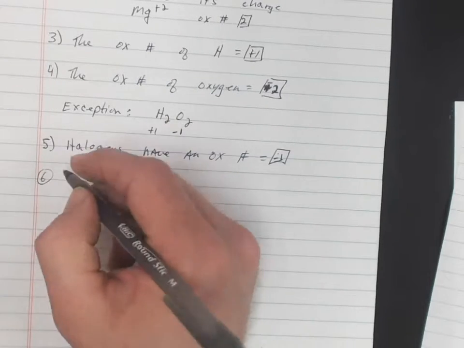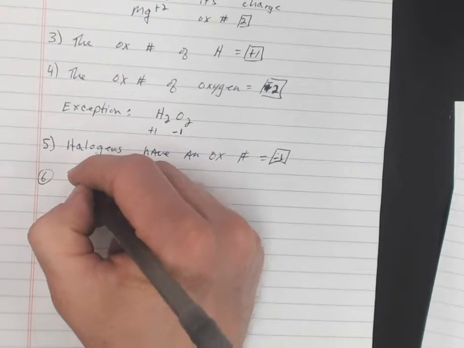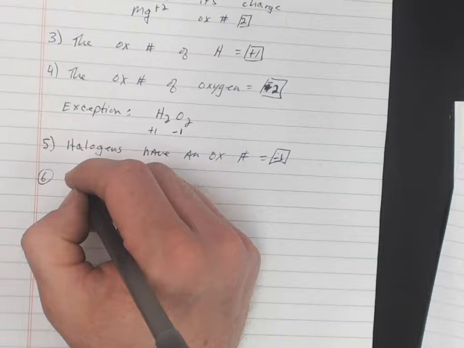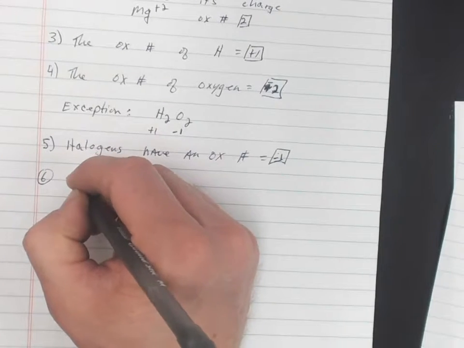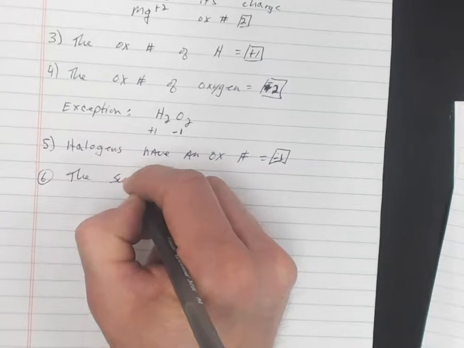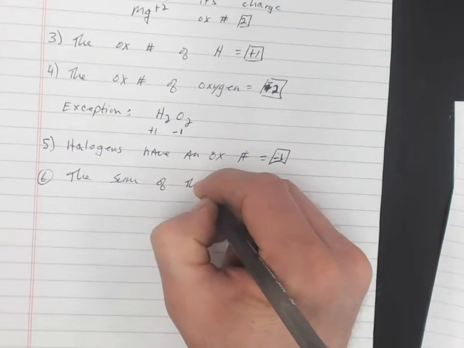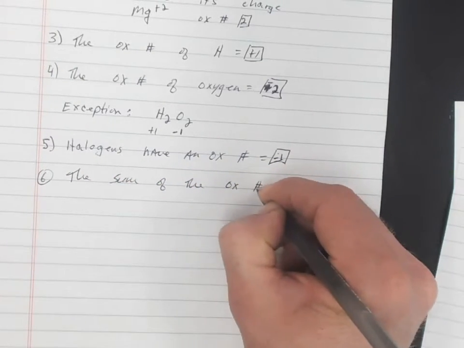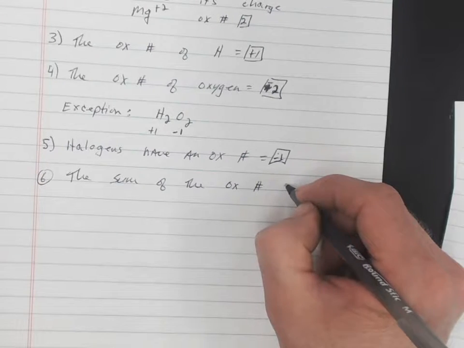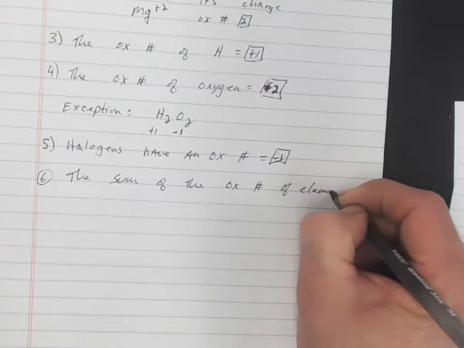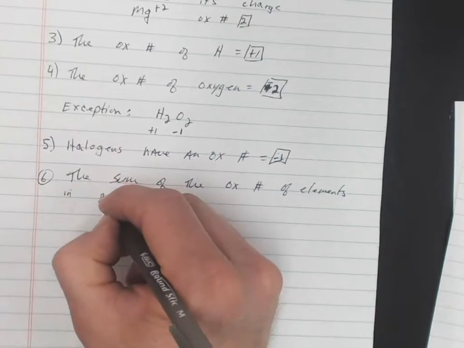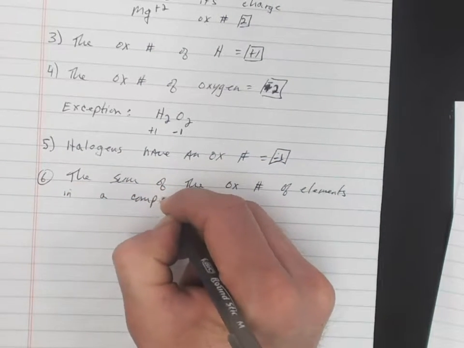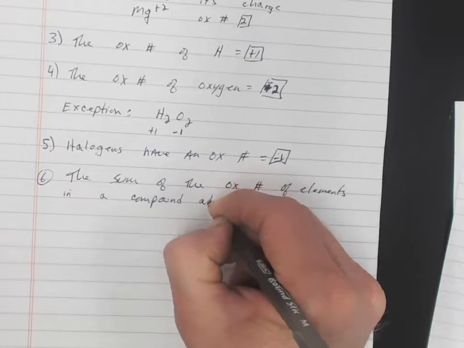We have 2 more. Number 6, the sum of the oxidation numbers in all compounds equals 0. Very good. So the sum of the oxidation numbers of elements in a compound adds to 0.